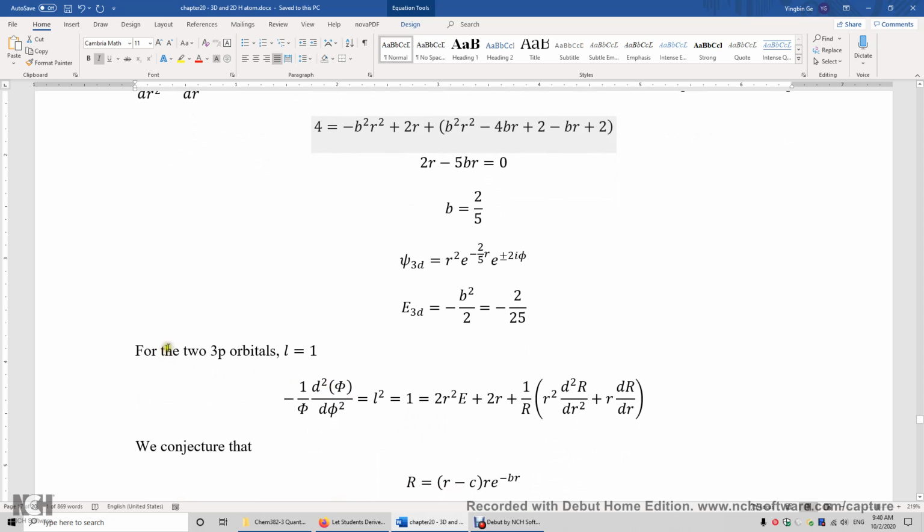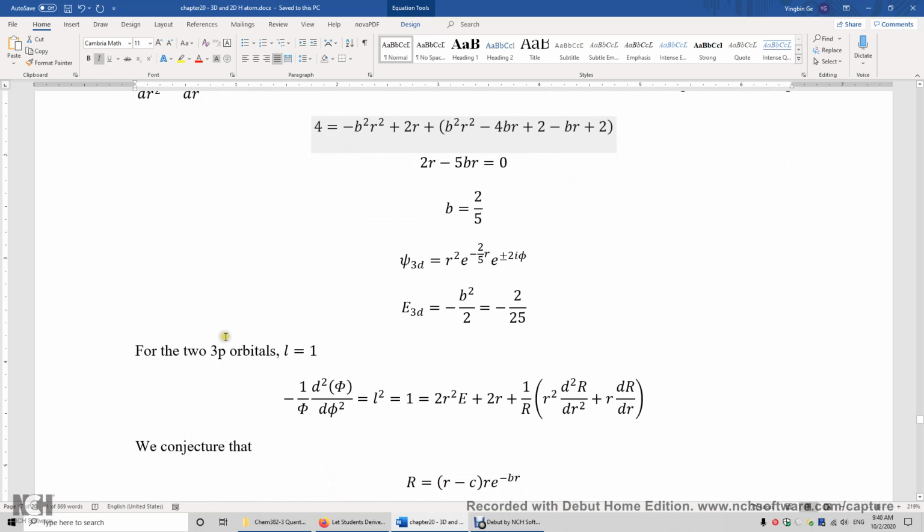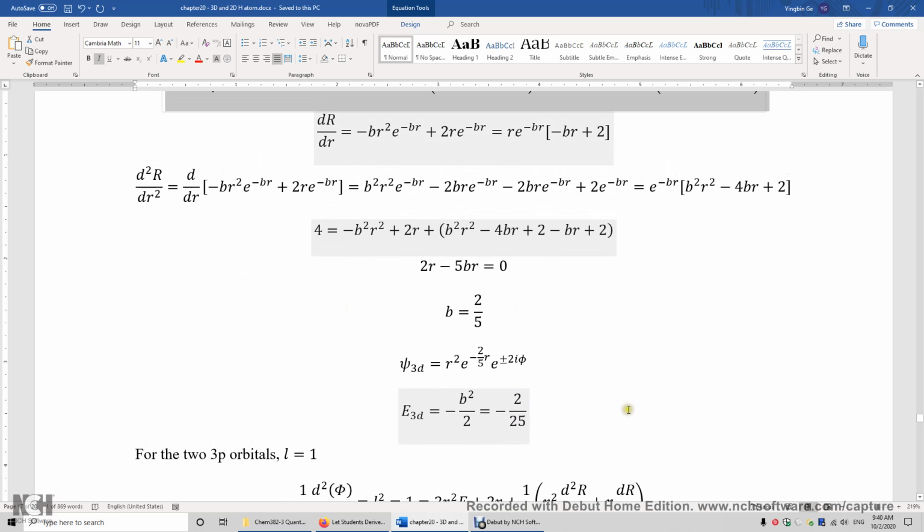And again, for the two-dimensional world, when you have a two-dimensional hydrogen atom, when you are looking at the d orbitals, the angular momentum of this 3d electron can only be pointing up or pointing down.